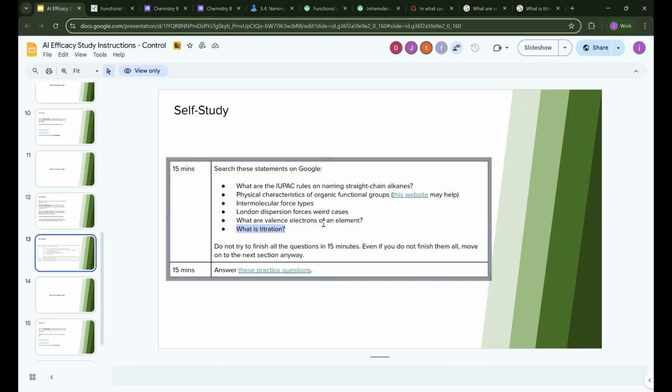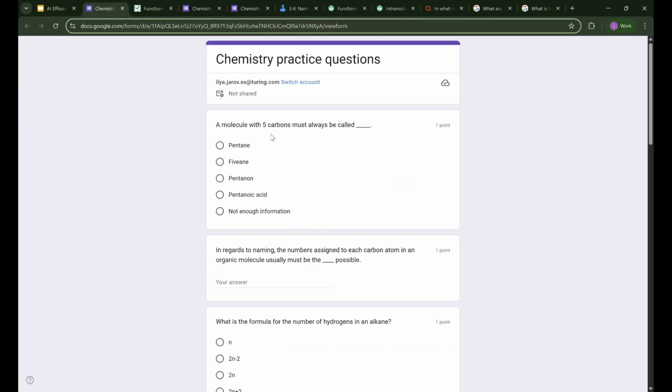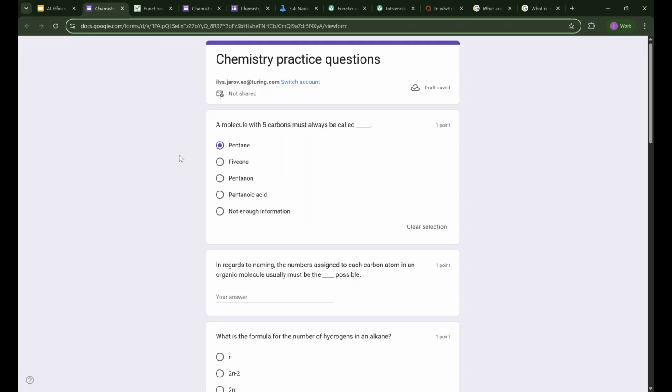Okay, well, let's go ahead and try the practice questions. It's not 5-ane, could be pen. I think it's pentane because hexane is... Yeah, I'm pretty sure it's pentane.